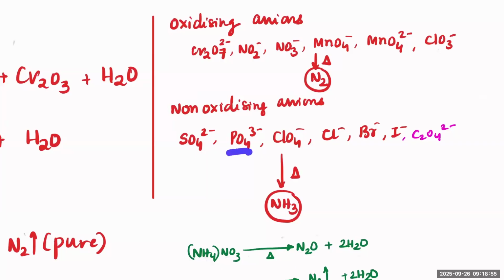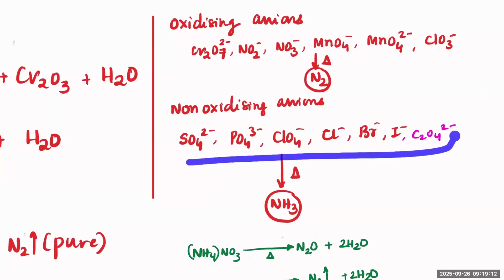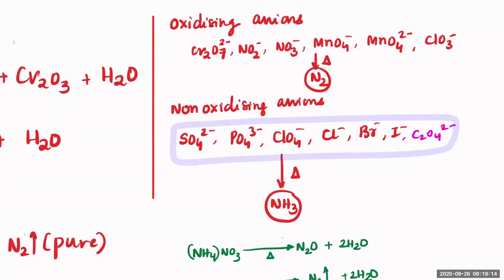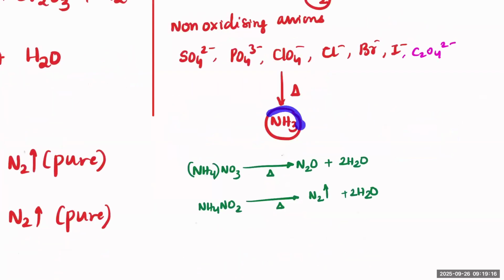Same goes with phosphate, same goes with chlorate, perchlorate. Then Cl minus, Br minus, I minus are coming from very strong acids, and they are already in the highest reduced form. They cannot be further reduced. That's why these can be used with an ammonium salt, where the ammonium ion will convert into ammonia and not into N2 gas.